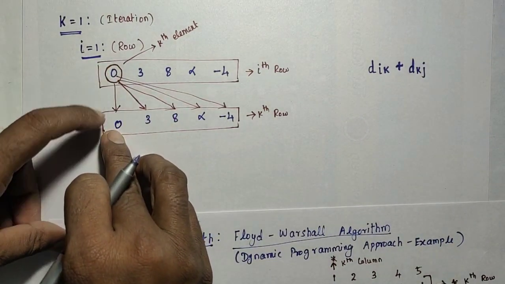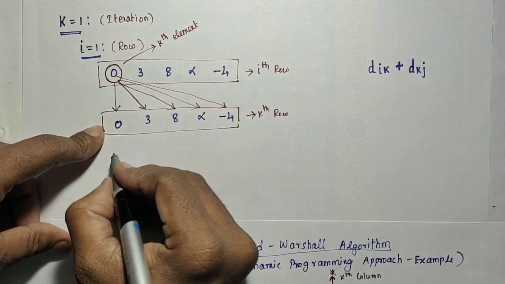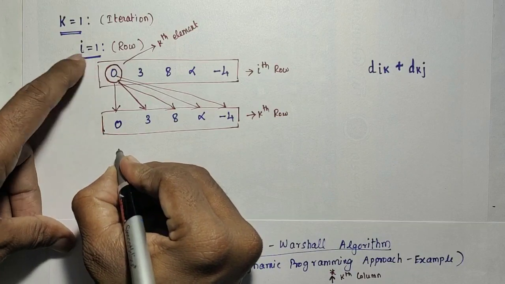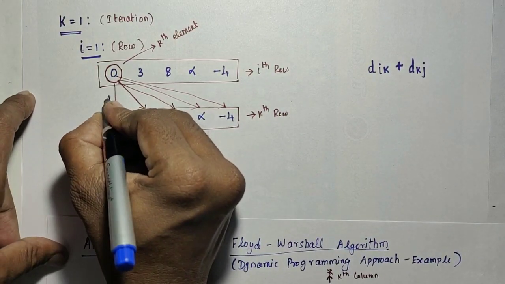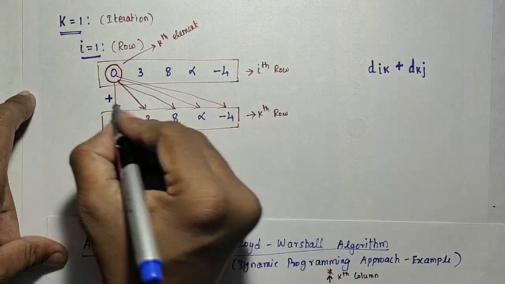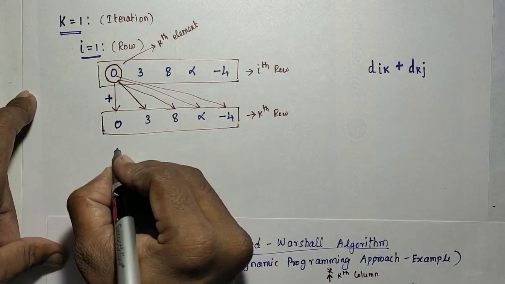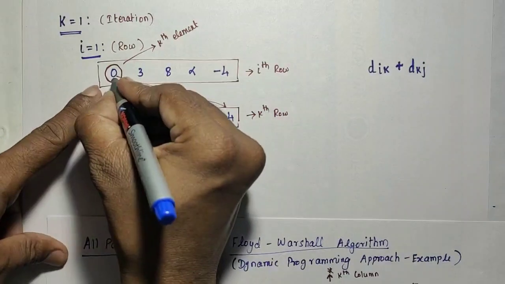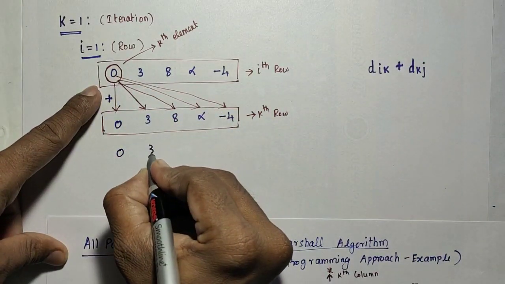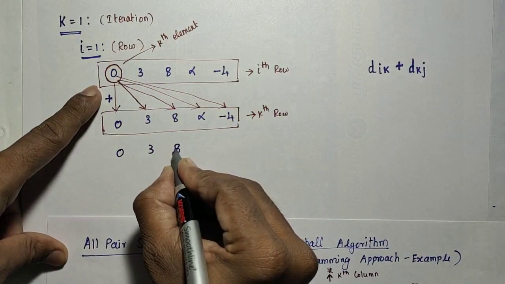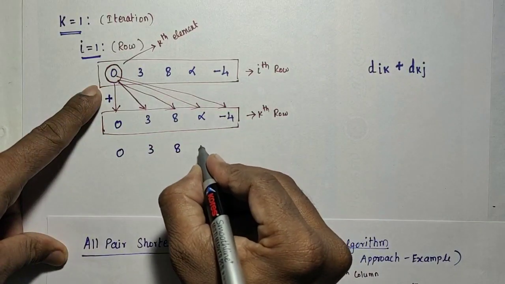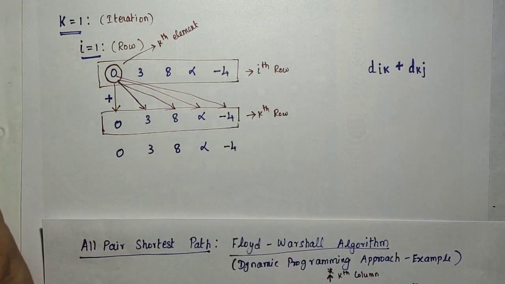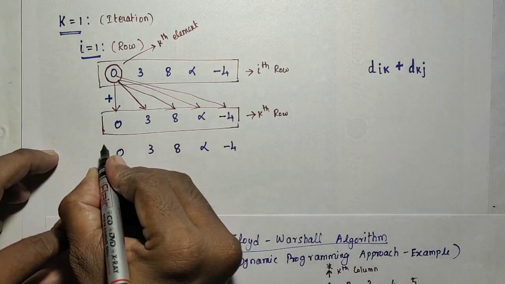It is 0 plus 0, and that is what we need to add. All operations are additions. So we get a new row: 0 with 0, 3 with 0 gives 3, 8 with 0 gives 8, infinity, and minus 4. That we will get. So this is the new row, correct?